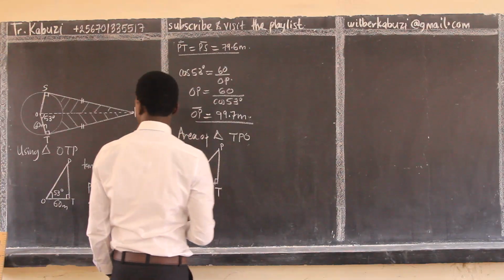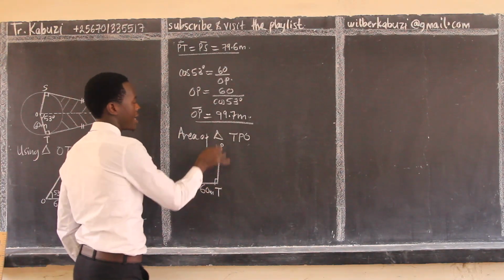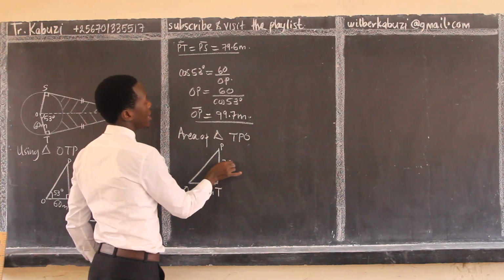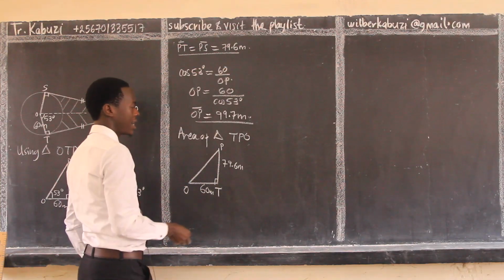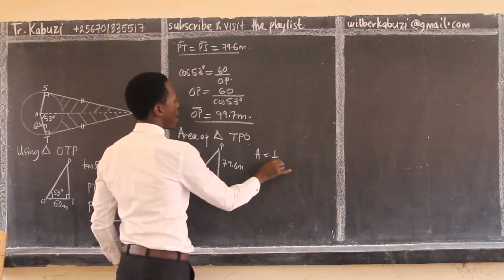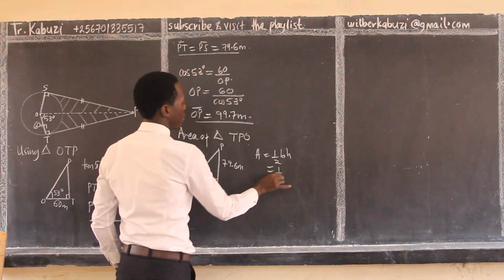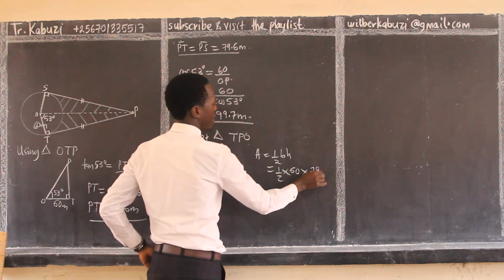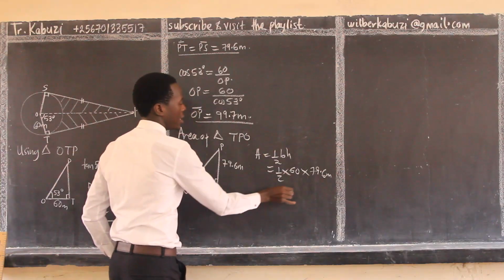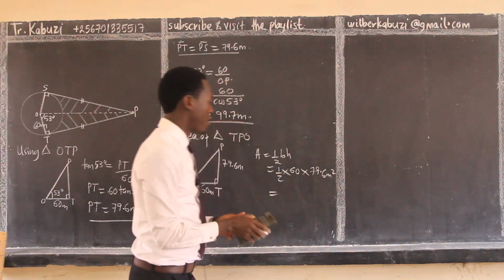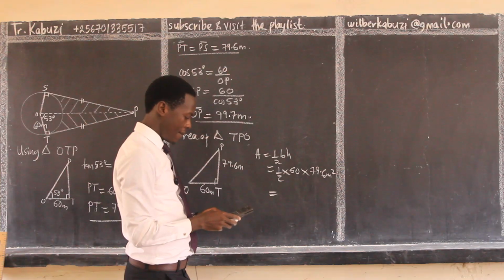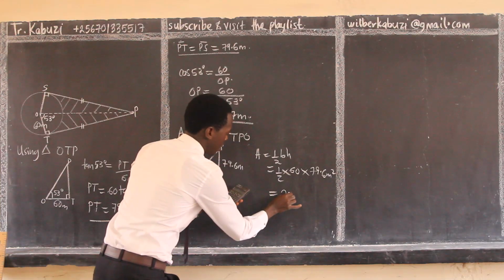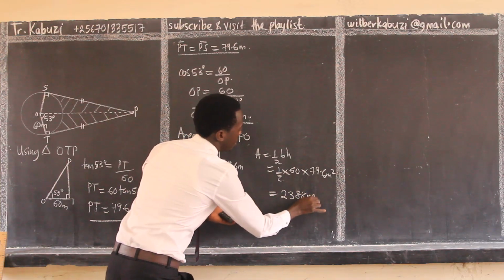This is my triangle OTP. Now remember, this is my 60 meters, and I already have my PT, 79.6. It's a right angle triangle, so you can easily get the area. Our area is a half times base times height, which is a half times my base 60 times my height 79.6 meters squared. That would be 30 times 79.6, which gives me 2,388 meters squared.